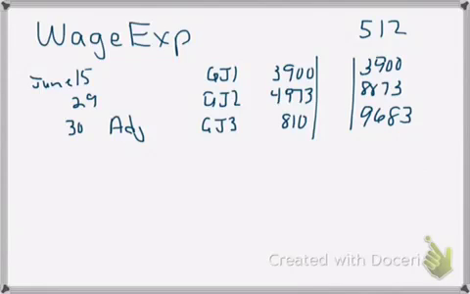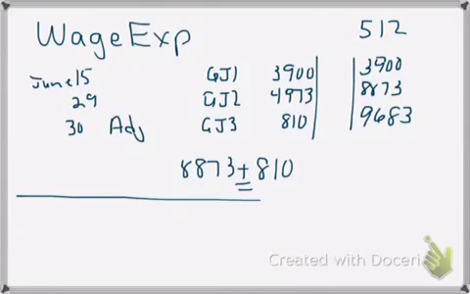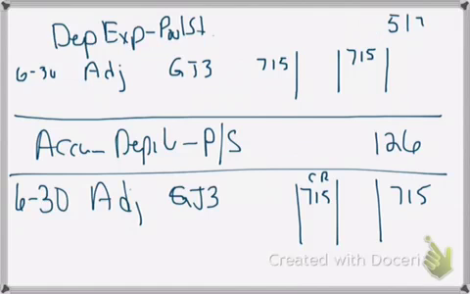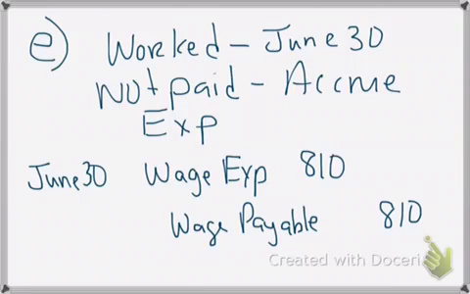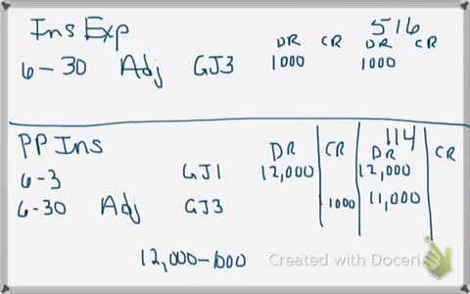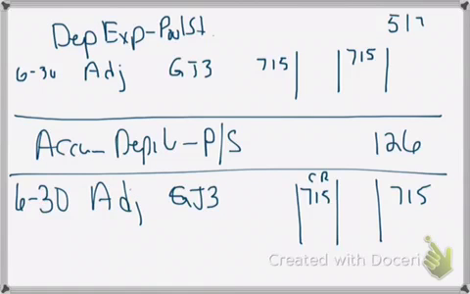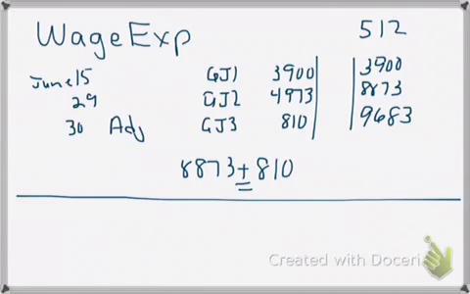Because whenever we're looking at an addition, so if we have a debit and then we have another debit, we have to add those together, and so that's why we have the $9,683. We then have to make sure that we put account 512 in right there whenever we post.